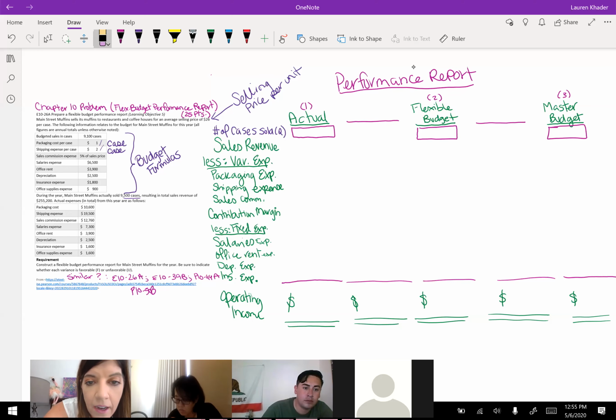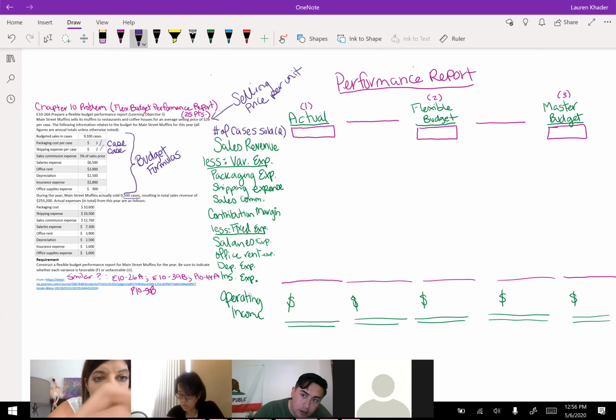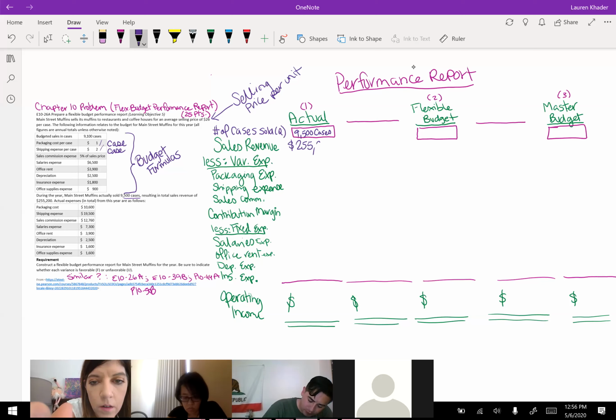So for the actual, this is pretty easy to just populate because it's just given to us like this. They actually sold 9,500 cases. So that's our Q. And then our actual revenue was $255,200. And packaging expense was $10,600.